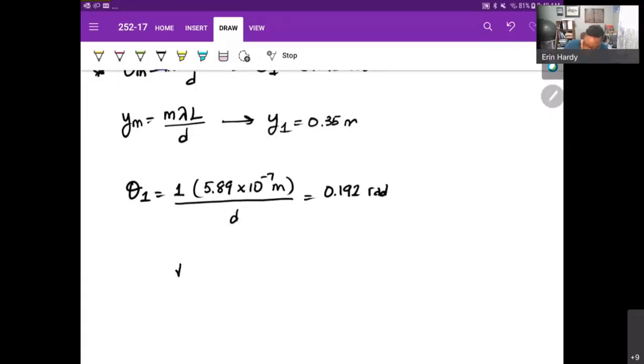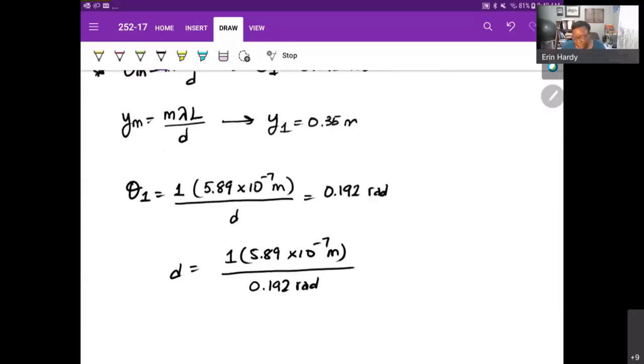That means that the slit spacing d is just going to be m times lambda over theta 1. And let's see what we get here. So 5.89 times 10 to the minus 7 divided by that.